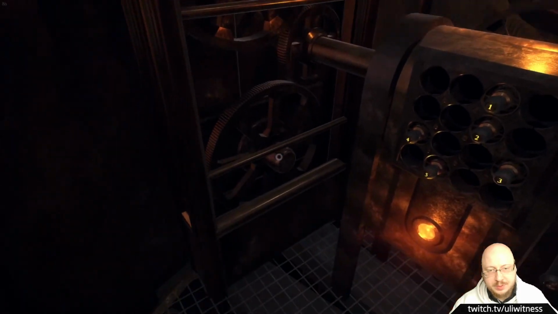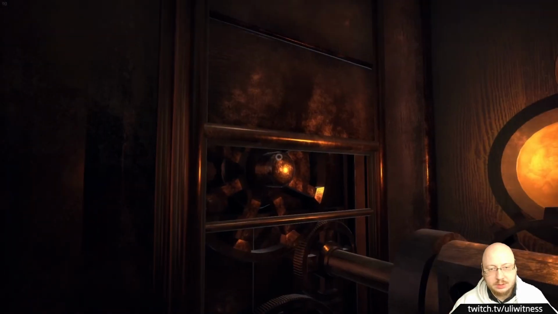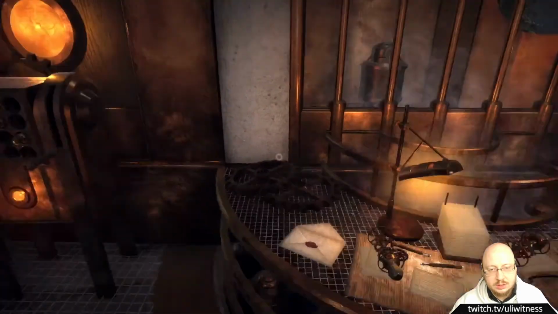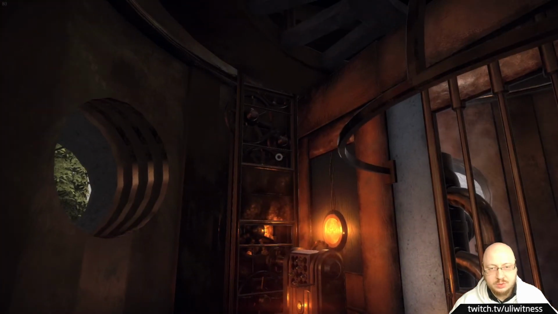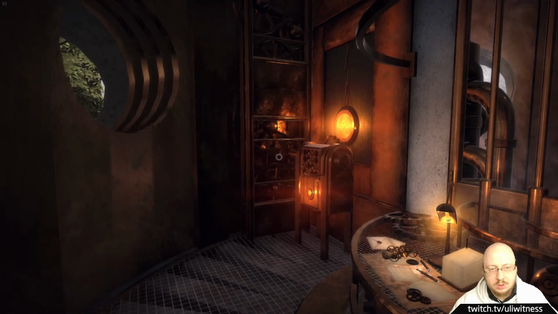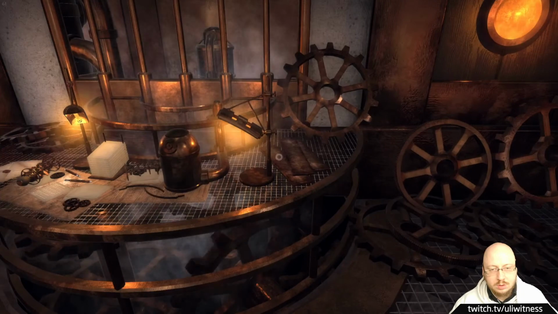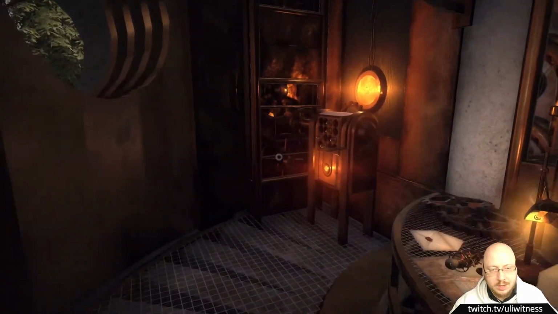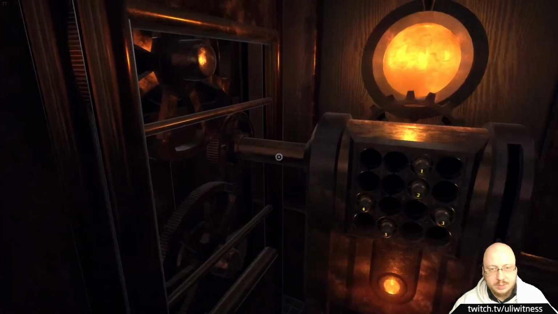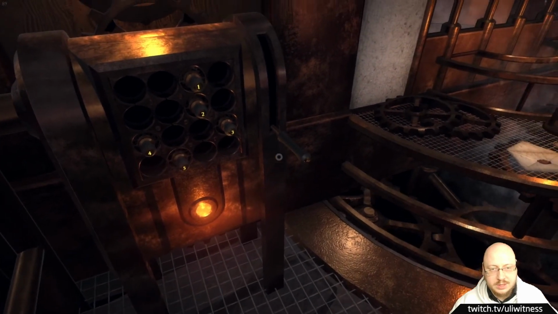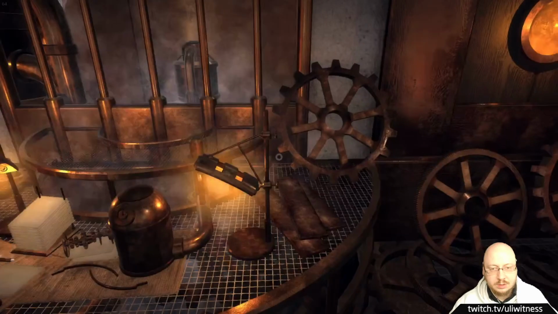Okay, so we've put the gears in here on both sides. Whatever that might do. I hoped that it would open something, but apparently that was just to get that gear in here.